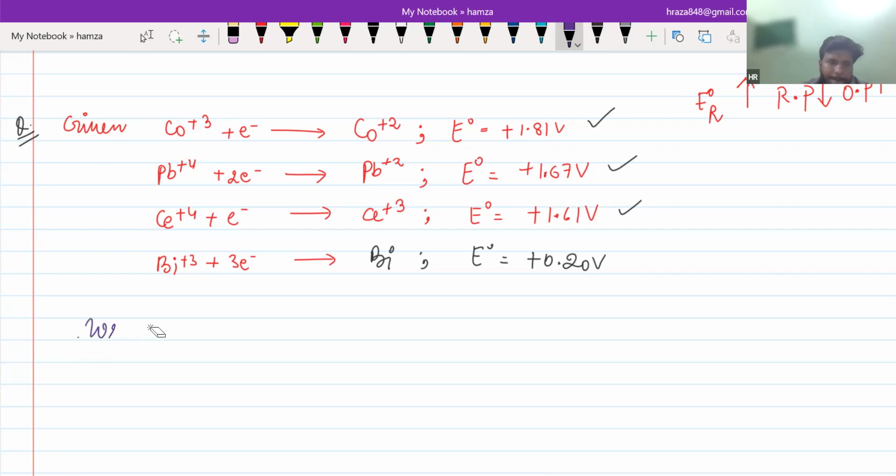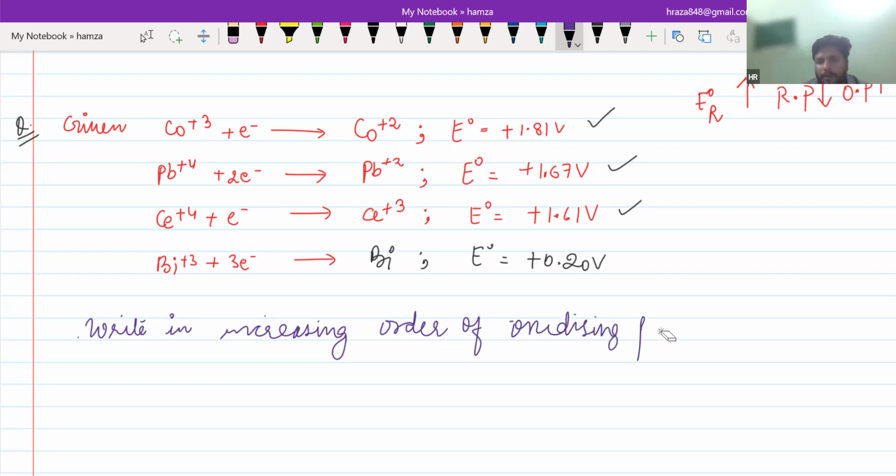Write in increasing order of oxidizing power. Please write.